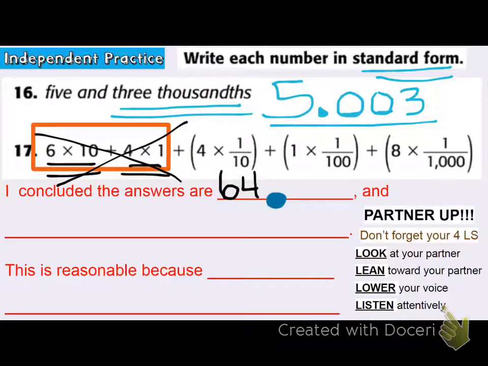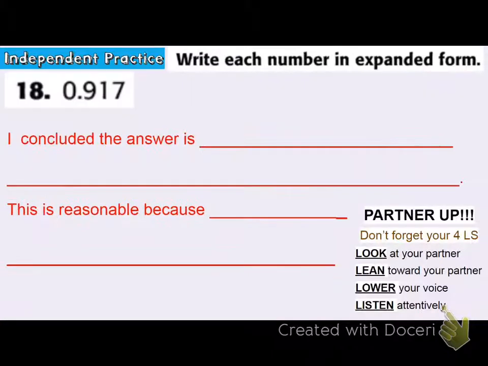They're less than 1. 4 tenths, 4 times 1/10. 1/100th, 1 times 1/100th, 8 times 1,000th is 8 thousandths. So 64 and 418 thousandths is reasonable because it shows the digits in the correct place value.